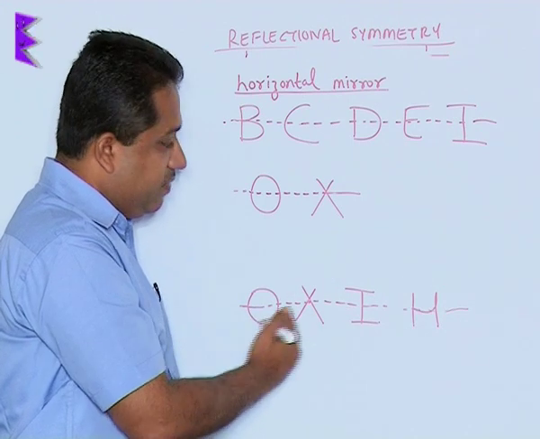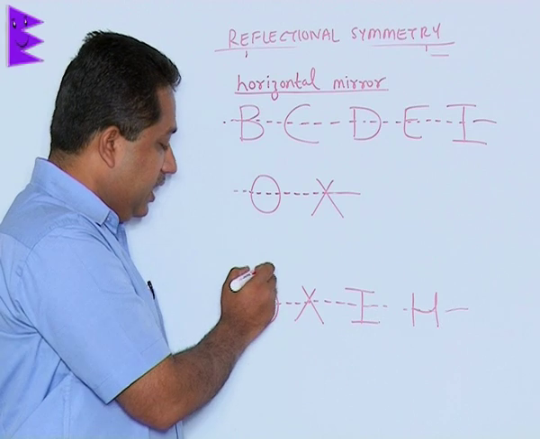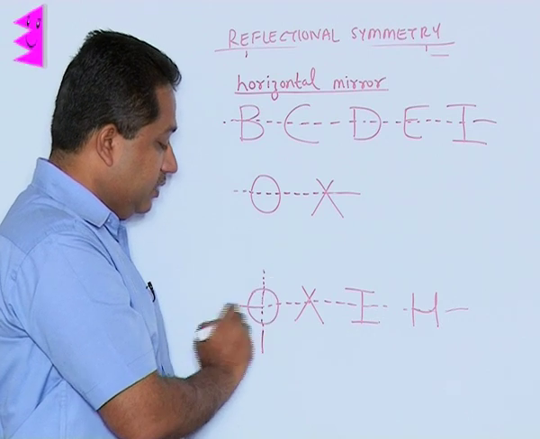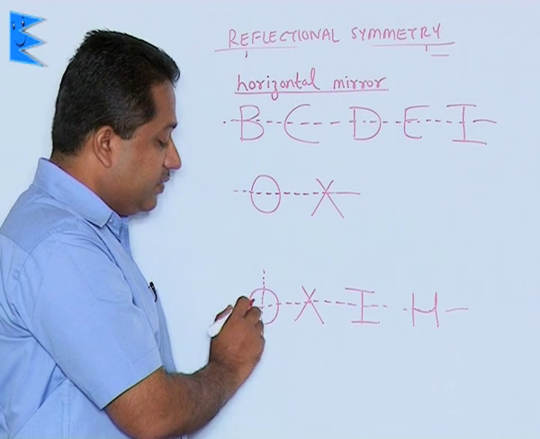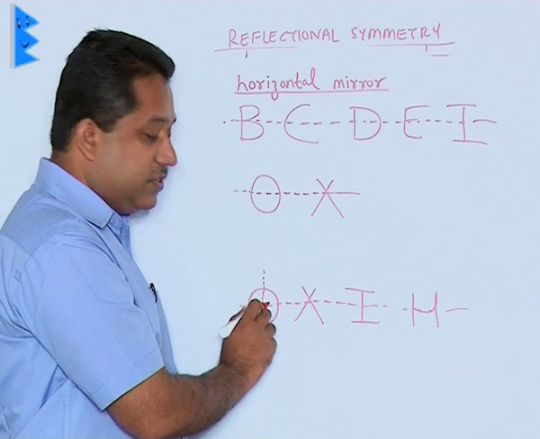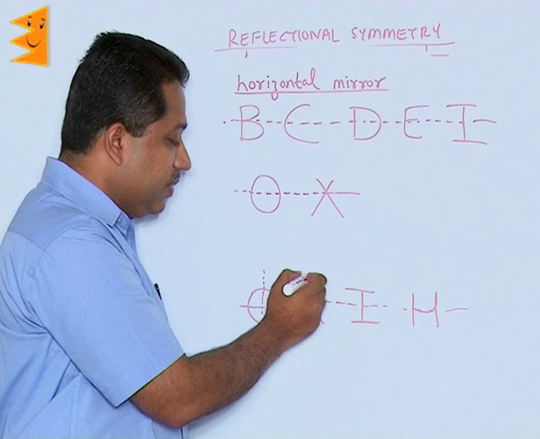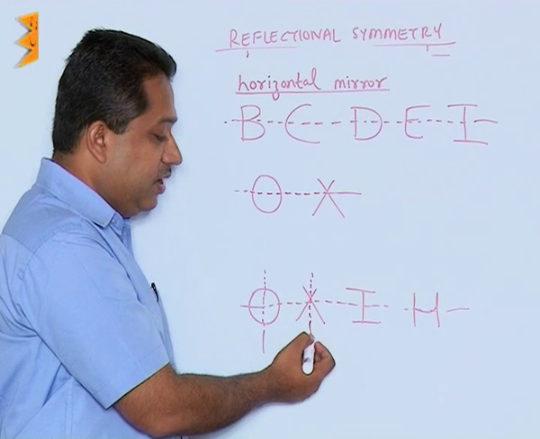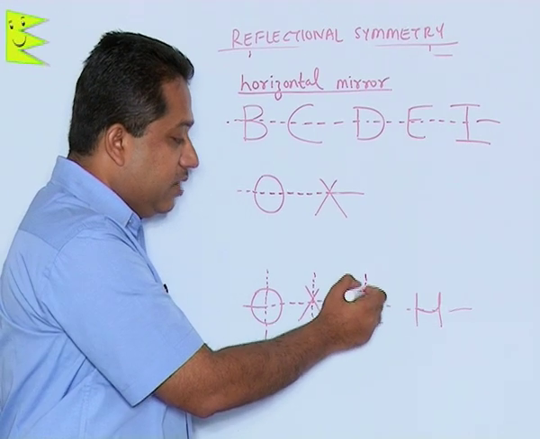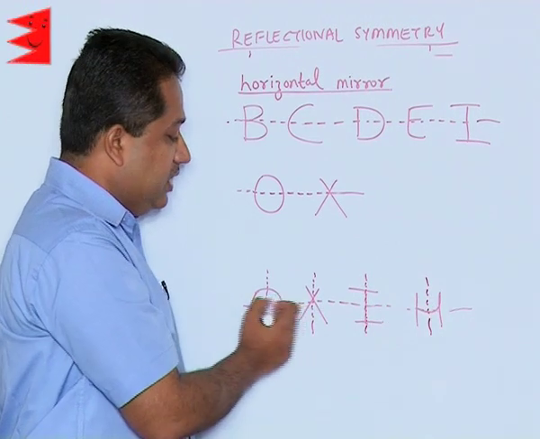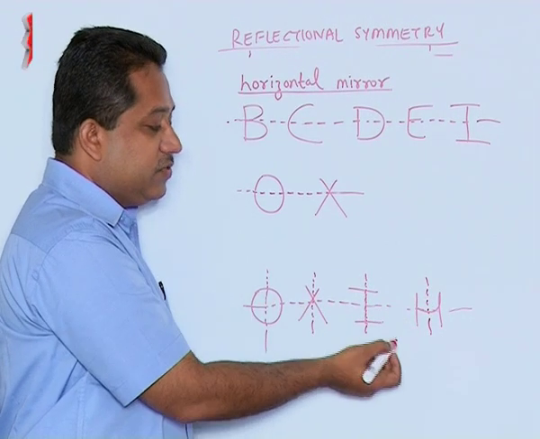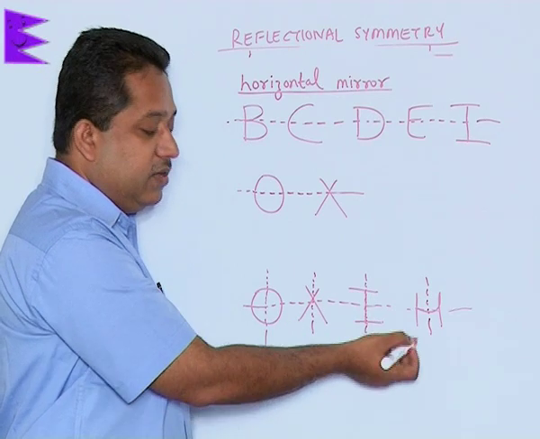But I can also divide these alphabets in terms of the vertical mirror. That means O will have both symmetries, horizontal as well as vertical. So we have two axes of symmetry here. X also similarly can be divided with the help of a vertical mirror. I can also be divided in the same manner, and similarly for H. So these are alphabets which have two axes of symmetry, both horizontal and vertical.